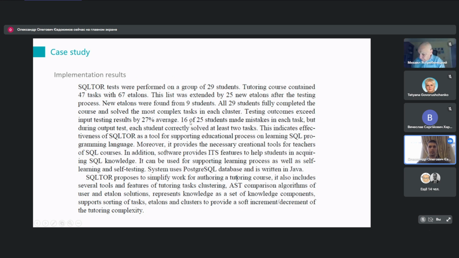So 16 of 25 students made mistakes in each task, but during the output test, each student correctly solved at least 2 tasks. This indicates the effectiveness of the SQL tool as a tool for supporting the educational process on learning the SQL programming language.